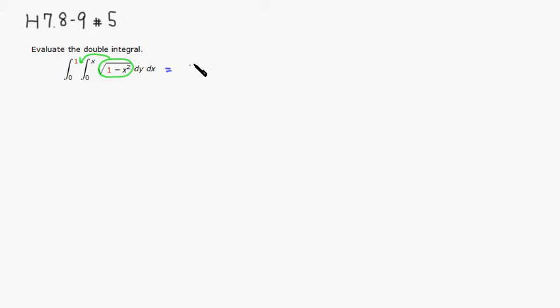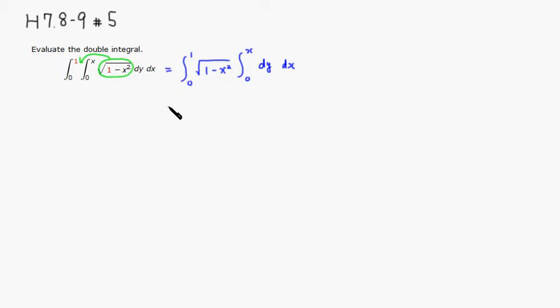So it's going to be the integral from 0 to 1, then square root of 1 minus x squared is outside. Then we just need to evaluate this integral from 0 to x. Since it took it out, you can put 1, but you just have a dy, and then dx.